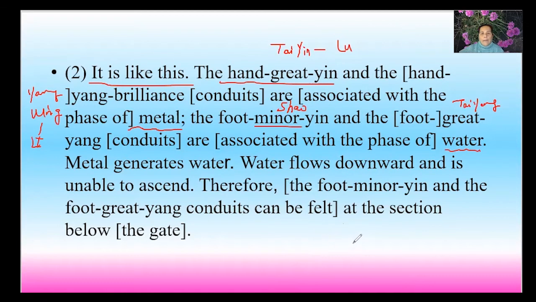So in the 5 elements generating cycle, metal is the mom of the water.